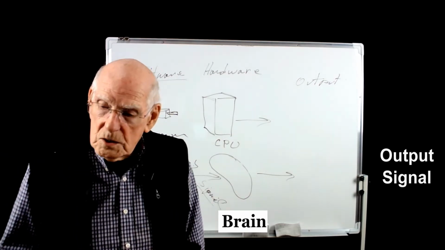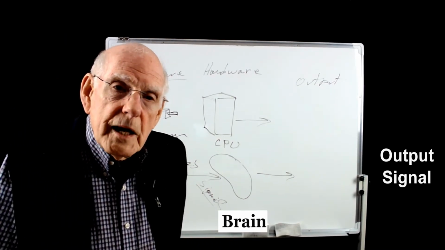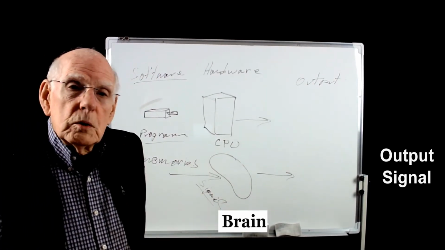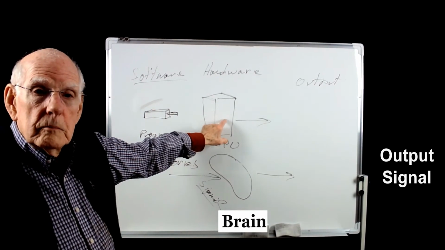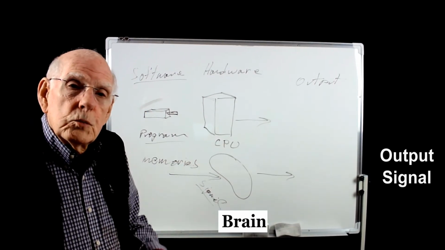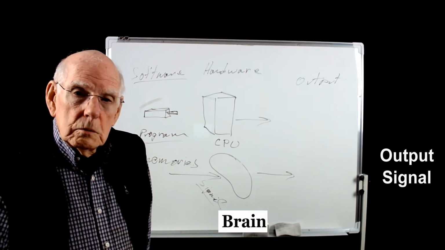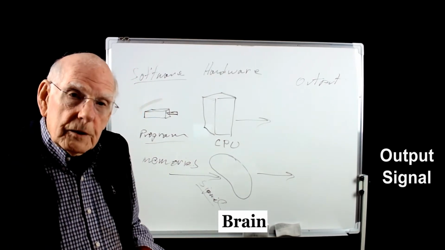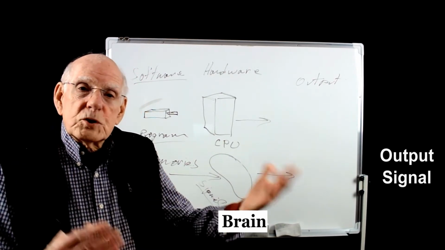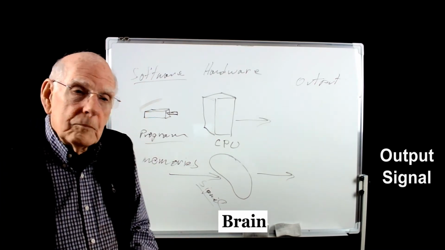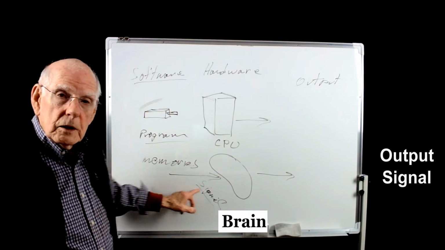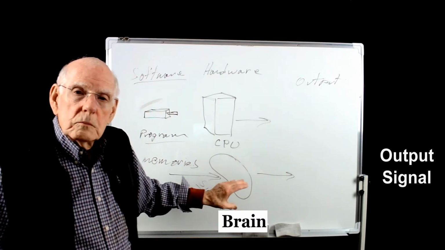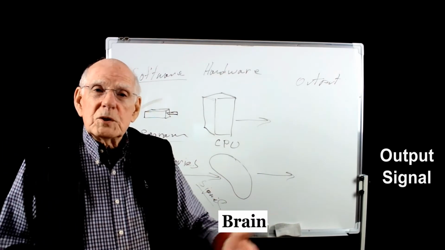Now, why am I saying this? I want you to kind of get the idea that the brain is predictable. It's hardware. It does what it's supposed to do based upon the input signal. It's not doing a lot of stuff all by itself. It's predictable. Now, you got a lot of chemistry going on in there, and a lot of things going on, but the output is signal in, predictable signal out. If not, we wouldn't be using chemistry that much.